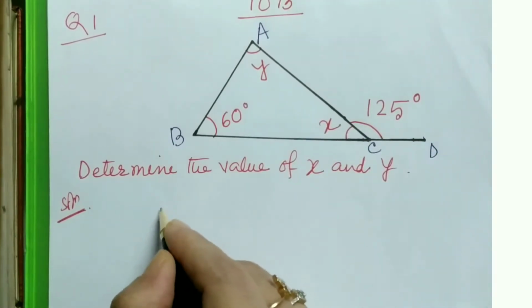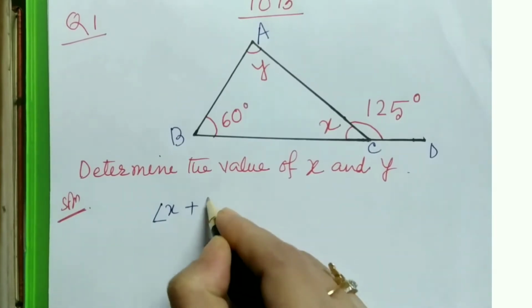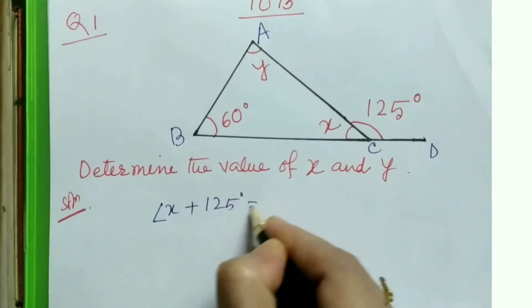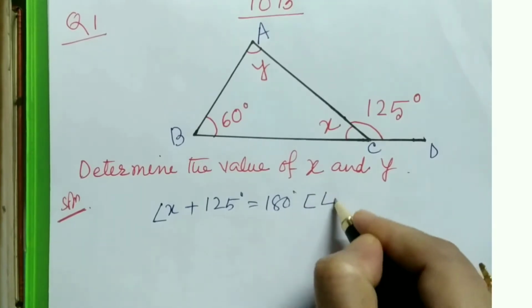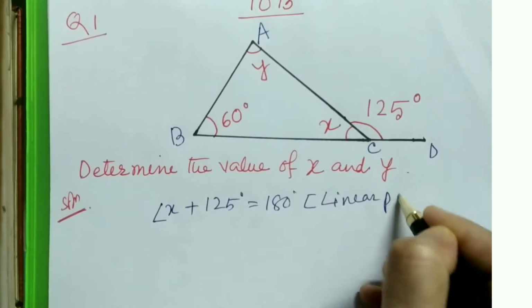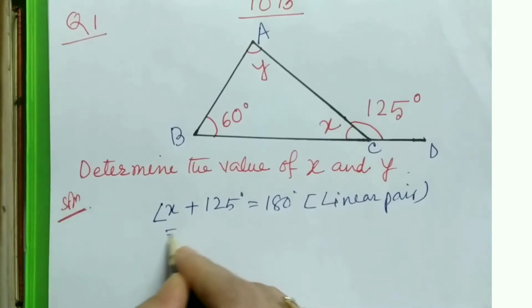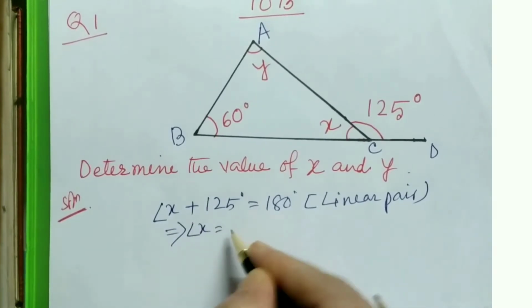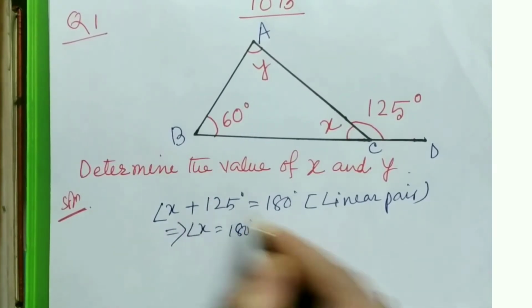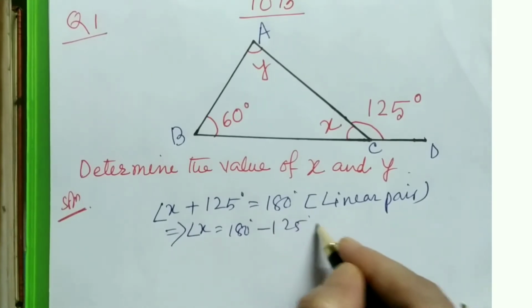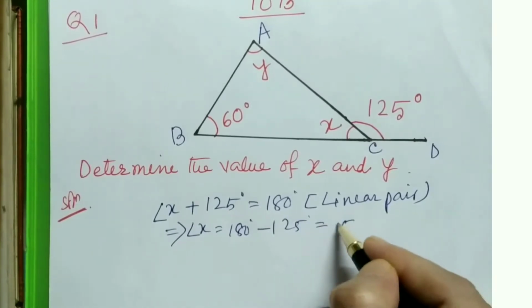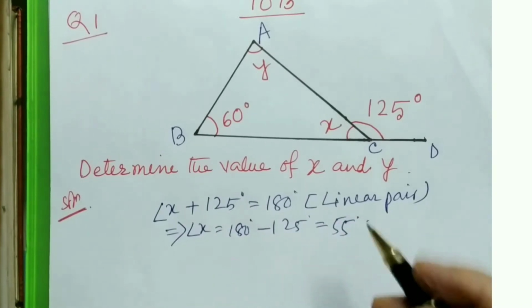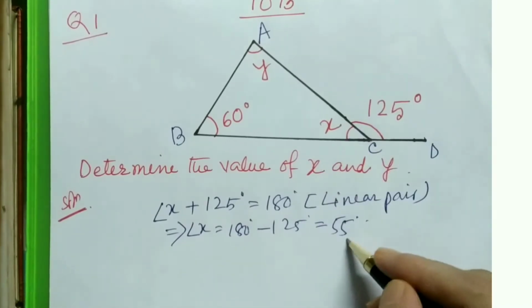Therefore we can write angle X plus 125 is equal to how much? 180 degrees, because they are a linear pair. Implies X is equal to 180 minus 125 is equal to 55. So value of X we have found.